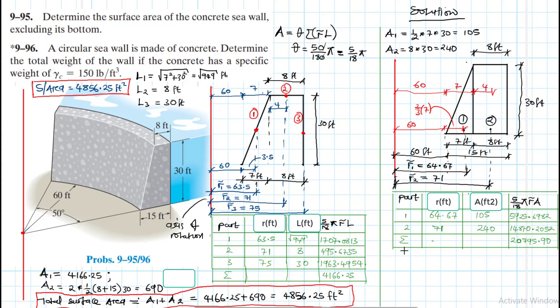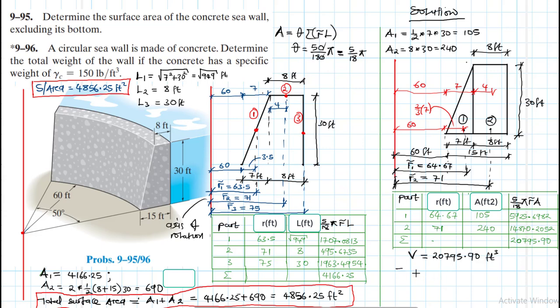So I can say the total volume V is equal to 20795.90 cubic feet. But they told us that we are supposed to find the total weight of the concrete.